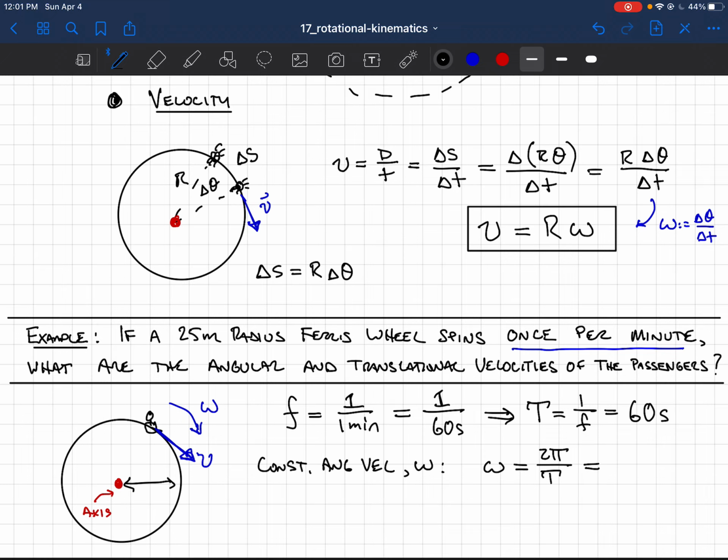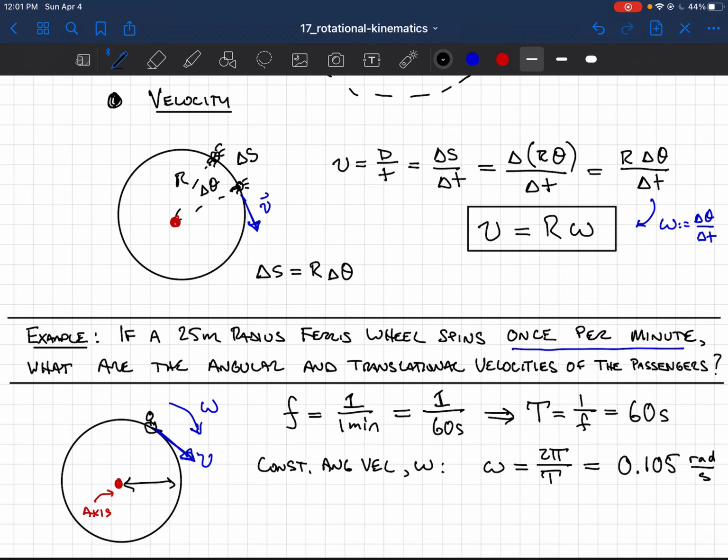We have 2 pi divided by 60 seconds, and we get 0.105, and that will be in radians per second. So that's the angular velocity of the Ferris wheel.